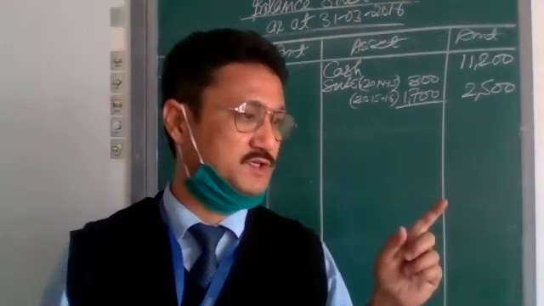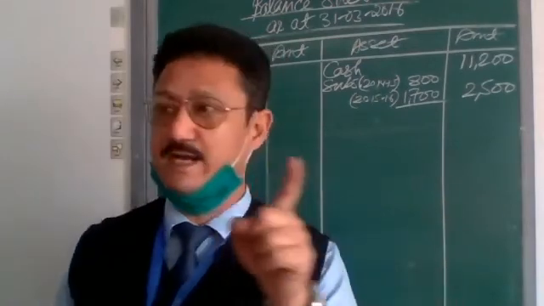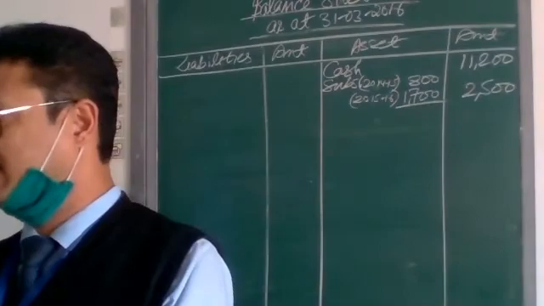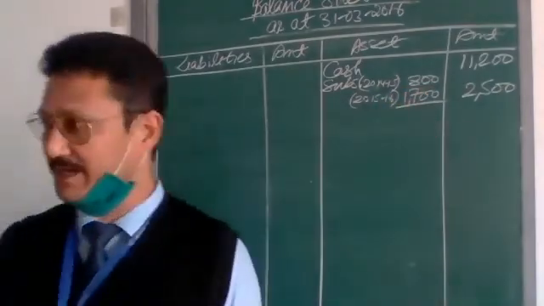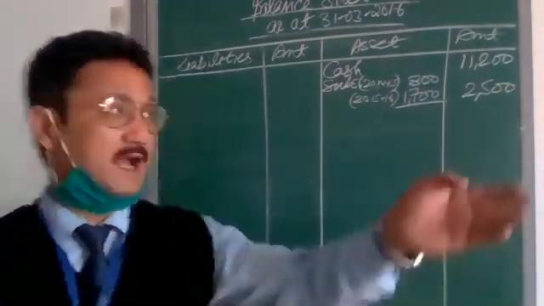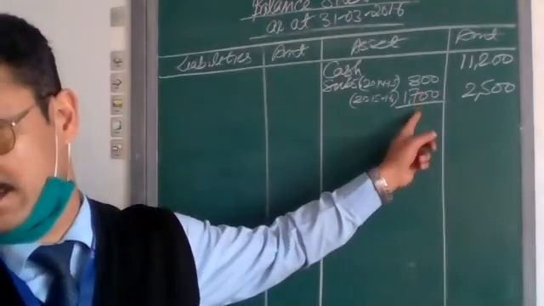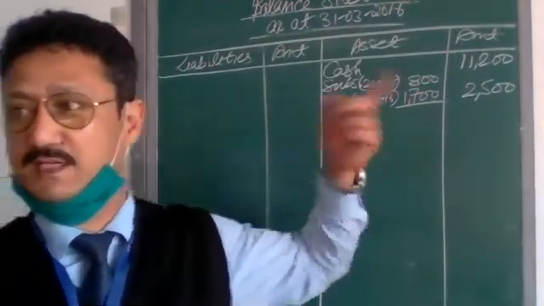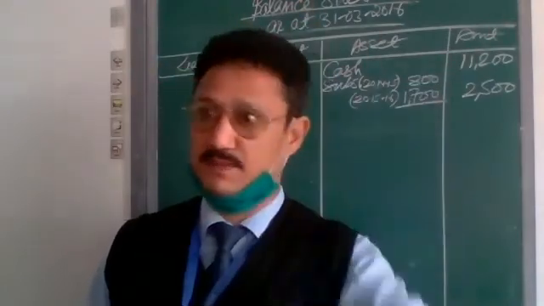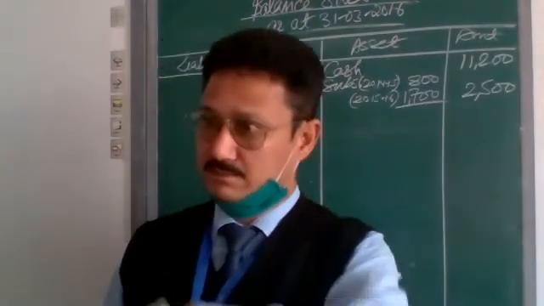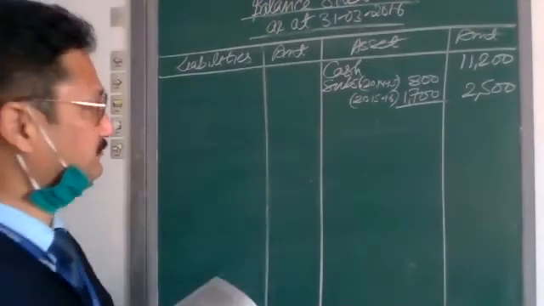Previous year 2,000 was due, out of that 1,200 was received. So how much is due? 800 of the previous year and 1,700 of the current year. Don't take 2,500 of the current year and 800 of the previous year altogether, that is a mistake.